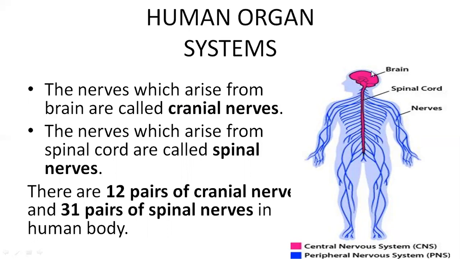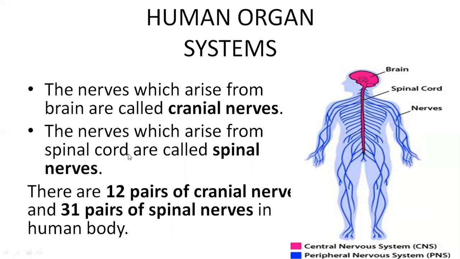This one is brain, and all the nerves arising from brain are termed as cranial nerves. Why the word cranial? Simply because brain is enclosed by the structure cranium, and the nerves originating from brain seem to come out of cranium. That's why they are termed as cranial nerves.